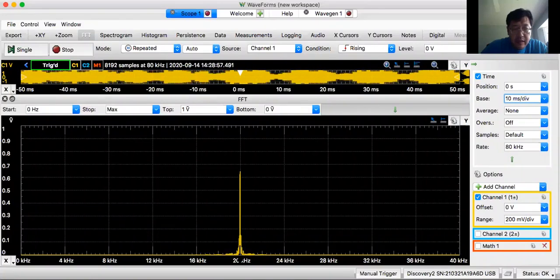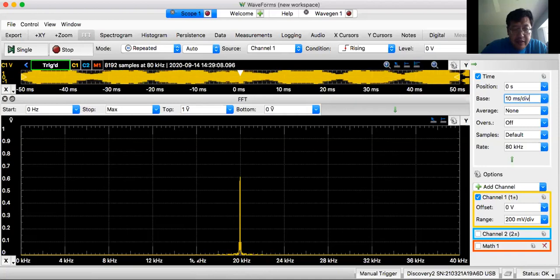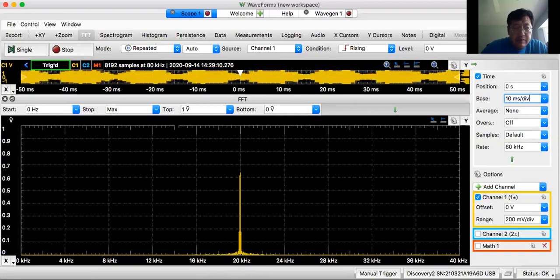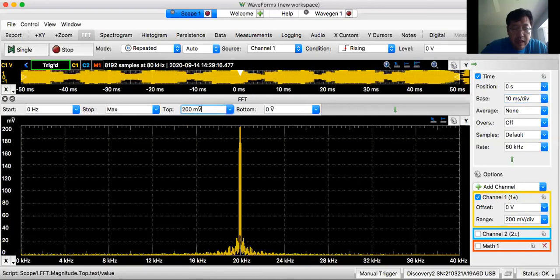Notice it has a strong energy at 20K. And then if you noticed here, from 16K to 24K, you have some activities from 16K, even here, even here.